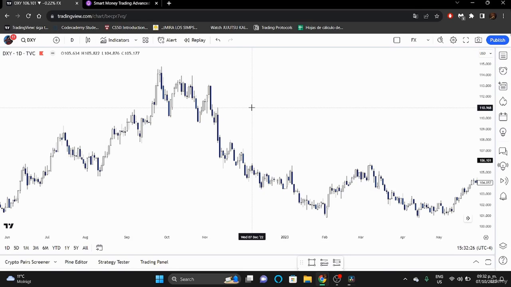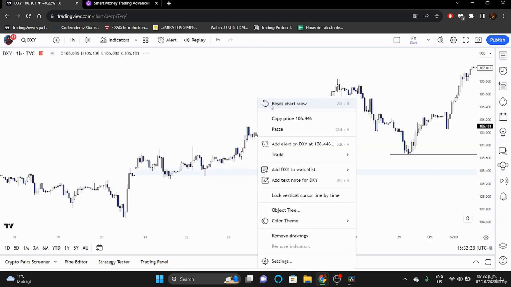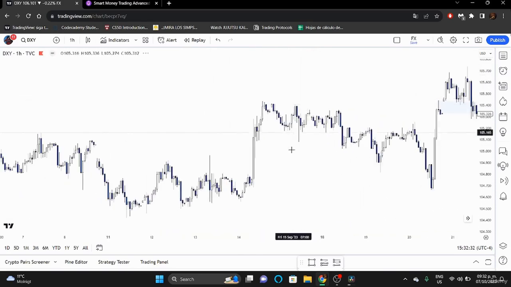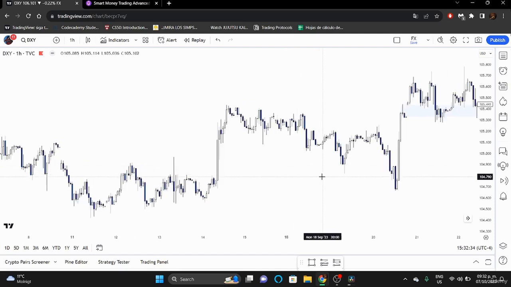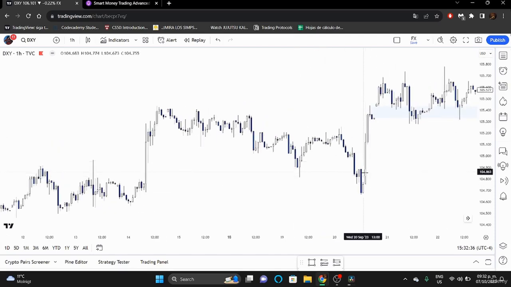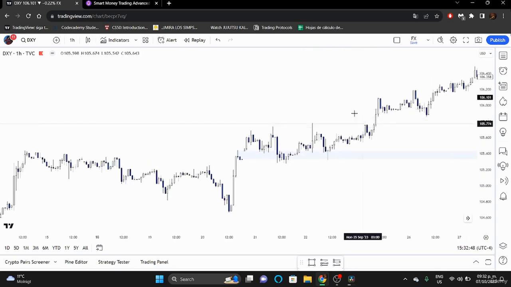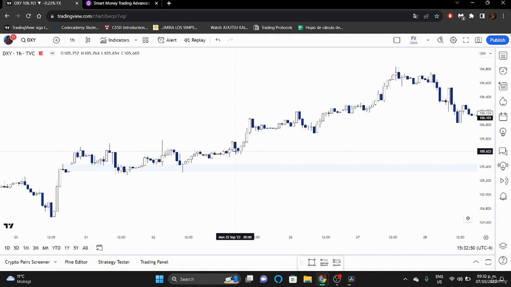Let's go to the lower time frame so I can get more examples. Right here, okay, we consolidate. Right here, we go up, we're starting to follow the bullish PD arrays. So we're looking at this order block right here.